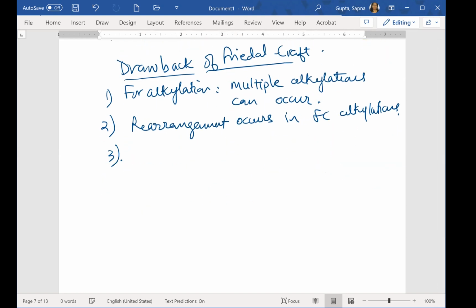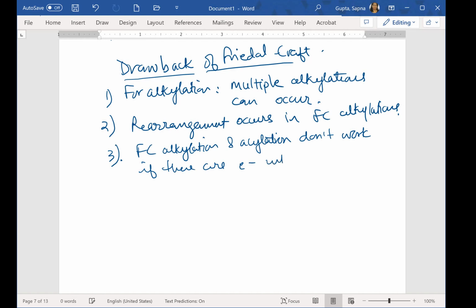Number 3. Both of these, Friedel-Crafts alkylation and acylation, don't work if there are electron withdrawing groups on benzene. What are electron withdrawing groups? Oh my God, you have the list for all of that.